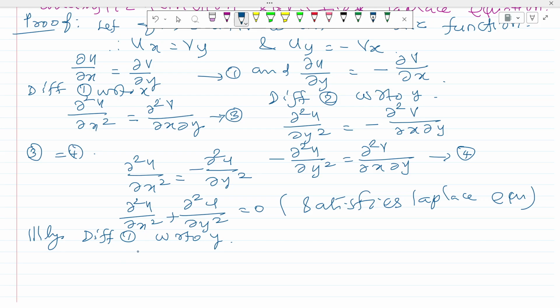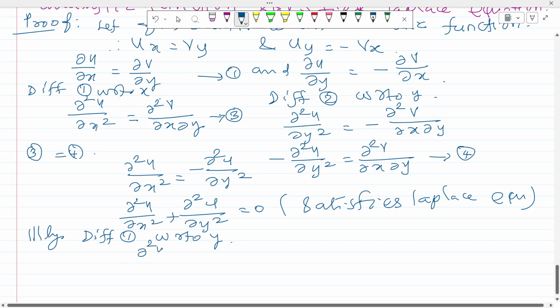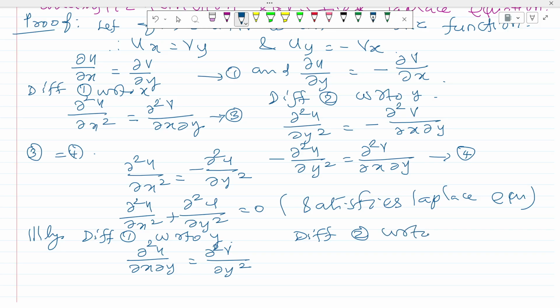Dou square u by dou x dou y, which is equal to dou square v by dou y square.